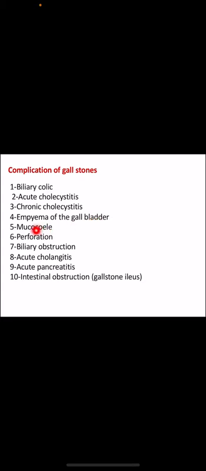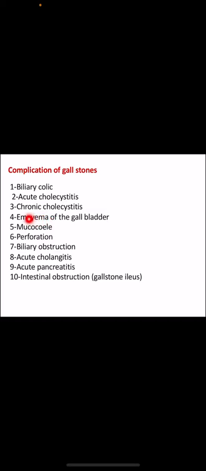At first, the bile would cause distension of the gallbladder, and the bile will be absorbed. When the bile is absorbed, only mucus will be retained in the gallbladder. This leads to formation of the mucocele. And when the mucocele is invaded by microorganisms and leads to formation of pus within the gallbladder, this is called the empyema of the gallbladder.